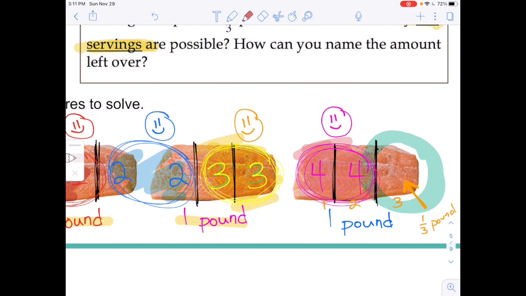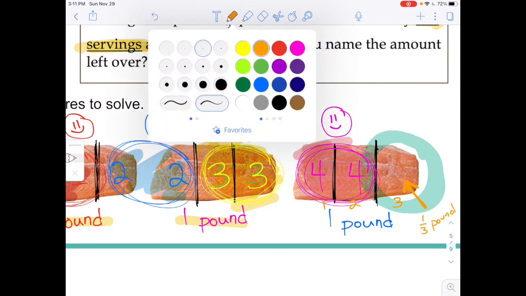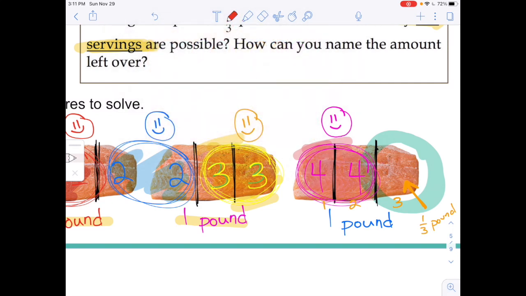So if there was one more person who was going to get fish, they would get 2 parts. But I don't have 2 parts. I only have 1 part here. This last one is only 1 part of the 2 that I need. That means that last piece is half of a serving.